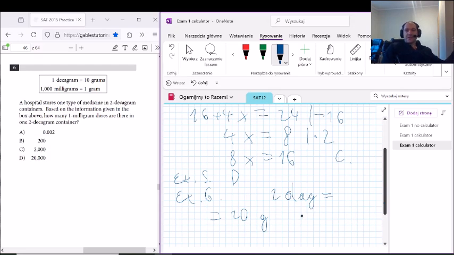Decanewton would be 10 newtons, and so on. So this is 20 grams, and now milligram, milli means 1000. So 1000 milligrams gives 1 gram. 1000 millimeters gives 1 meter. 1000 millijoules gives 1 joule.